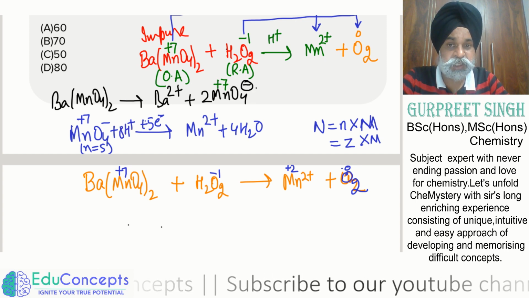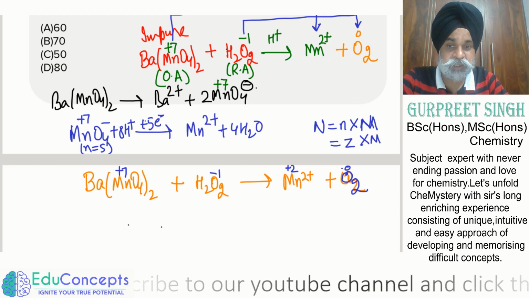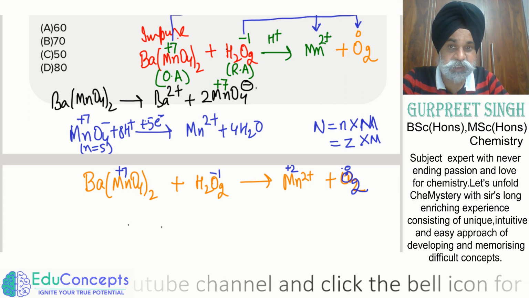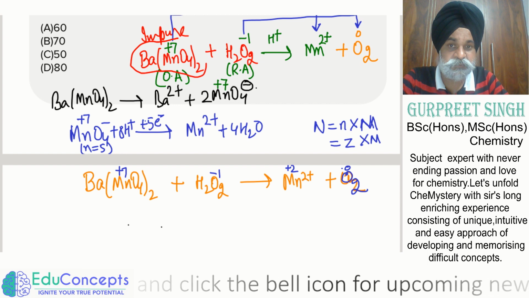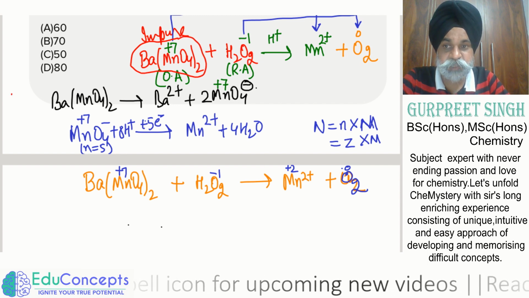There is nothing wrong in it, but make it a point that n factor... 1 mole of this would be giving me 2 moles of permanganate ion.